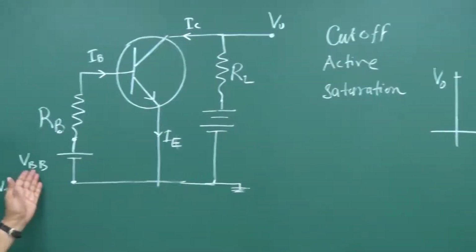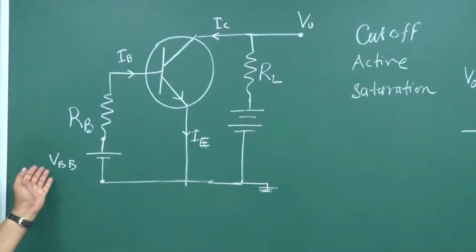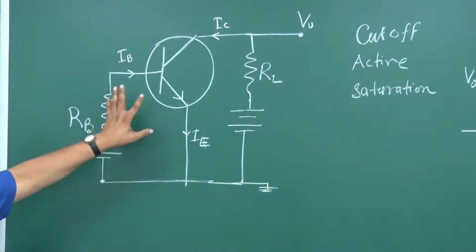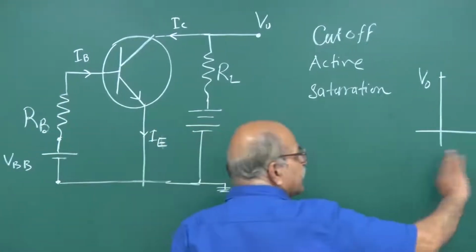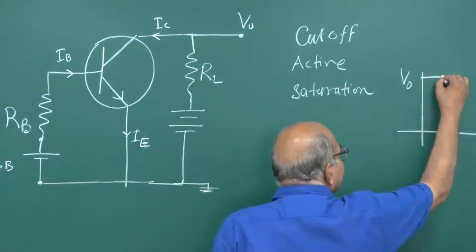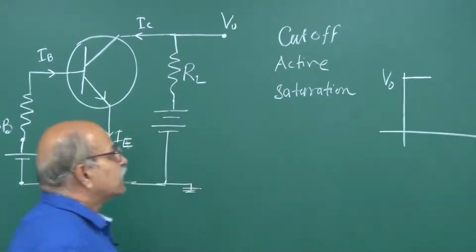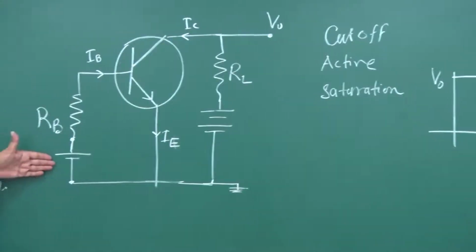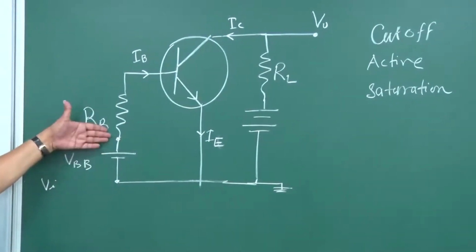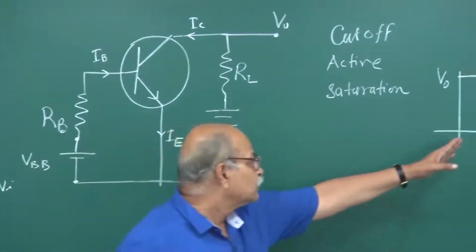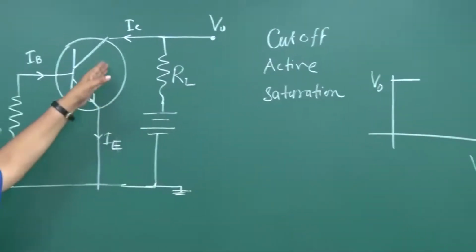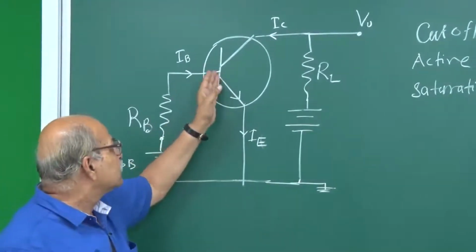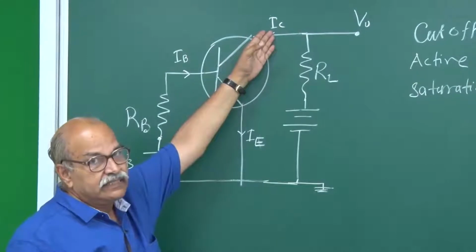And if you increase it slightly, little bit, it is still not forward biased with sufficient strength, and it remains in cutoff region. So, you increase this VI, and initially this will remain at V naught. So, that is the cutoff region, and then starts active region, in which you have a biasing voltage which is say more than this, and then electron injection starts, and then those electrons are being drawn here, IC appears.